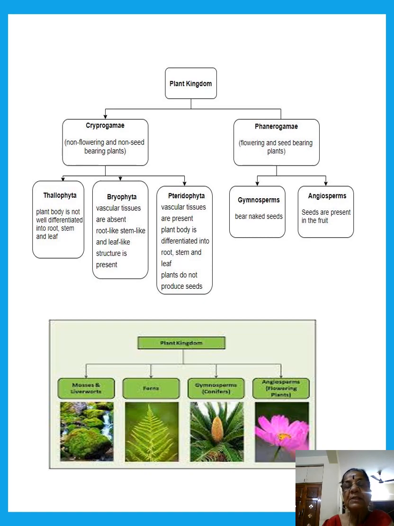And the gymnosperm, as I said, has naked seeds and is non-flowering; the seeds are present in a structure called a cone, male cone and female cone. Then the angiosperm, seed bearing plants, dicot and monocot.